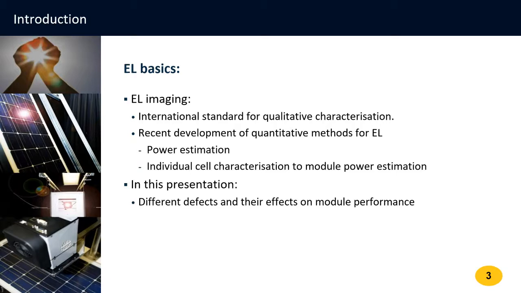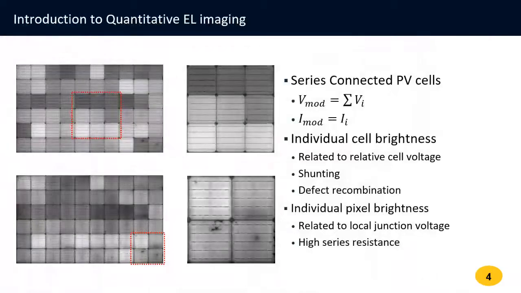And recently there's been development of quantitative methods for electroluminescence imaging, such as power estimation, obviously very useful. And then what I've worked on is individual cell characterization. This allows us to understand what's going on in each individual cell, and then using this you can also estimate module power without the need of a solar simulator. In this presentation I'll look at different defects and their effects on module performance.